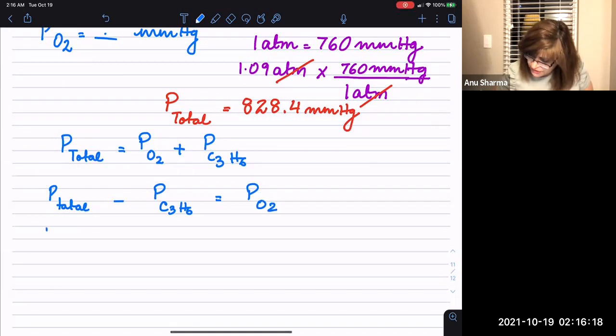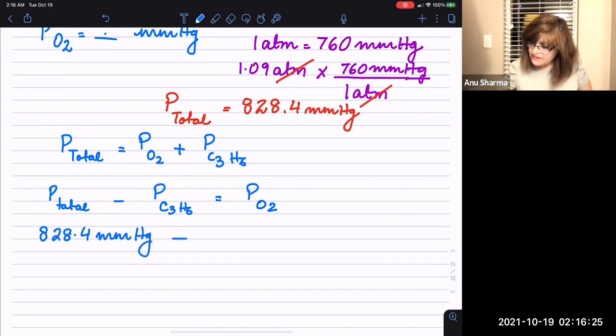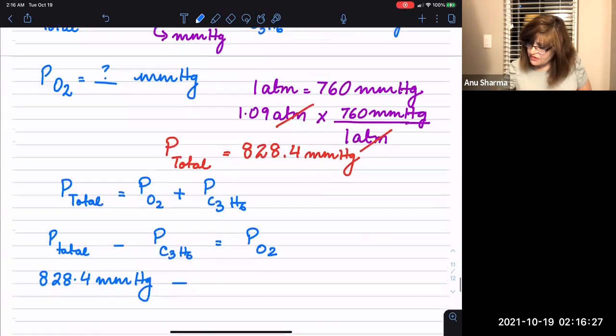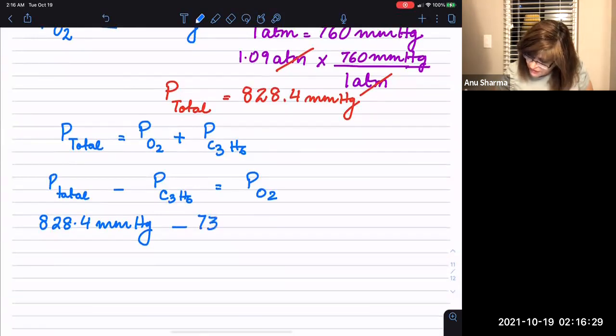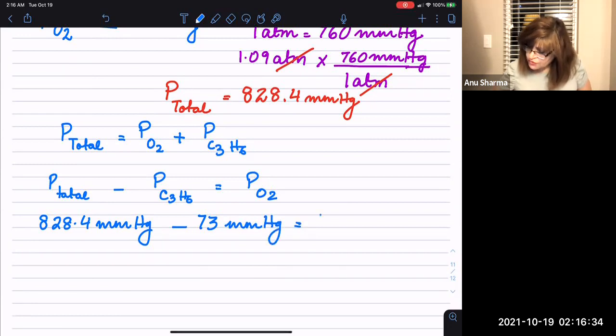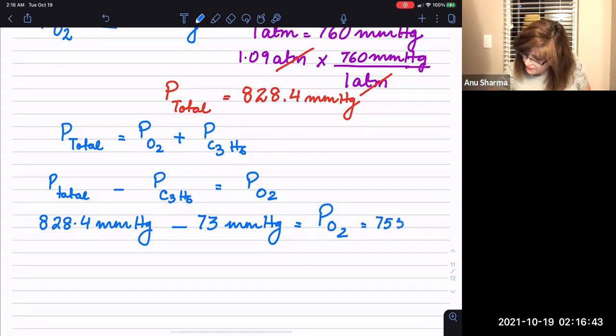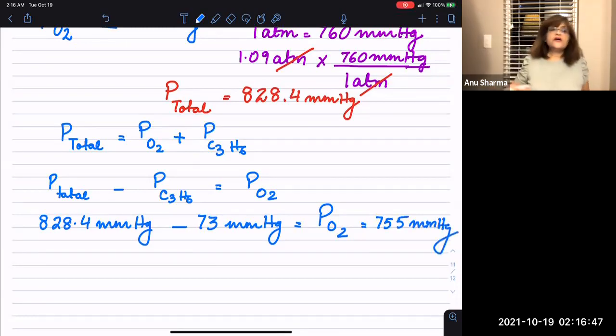Now just plug in the numbers: 828.4 millimeters of mercury, always write the units, minus 73 millimeters of mercury, and that gives you the partial pressure of oxygen, which comes out to be 755 millimeters of mercury. So this is how you will do these problems.